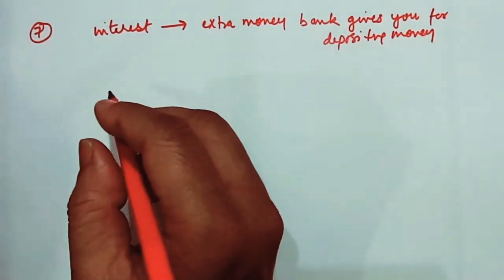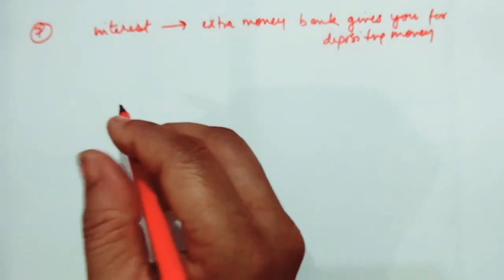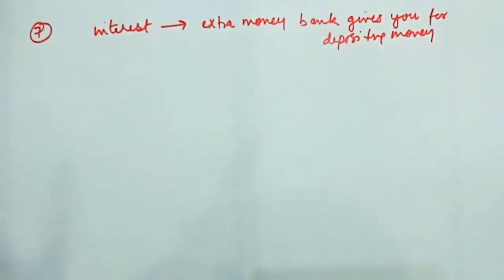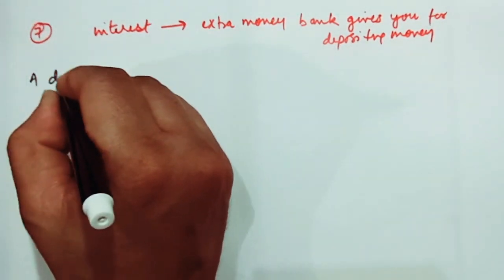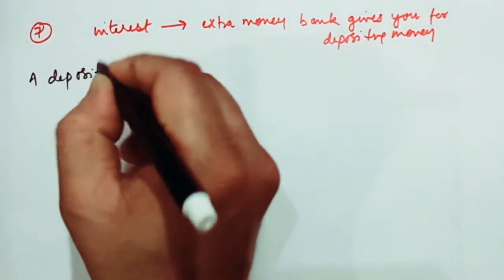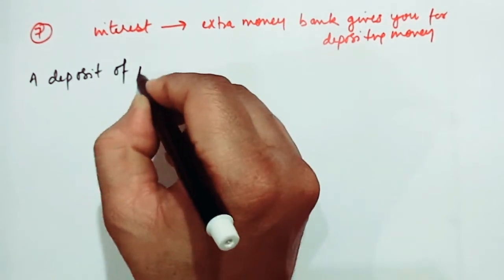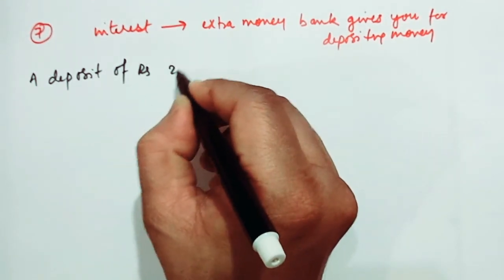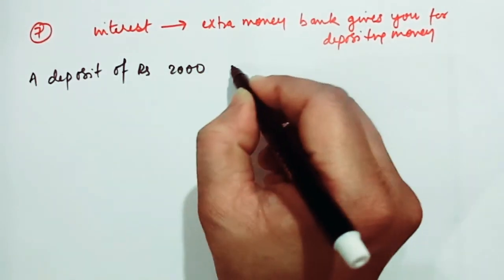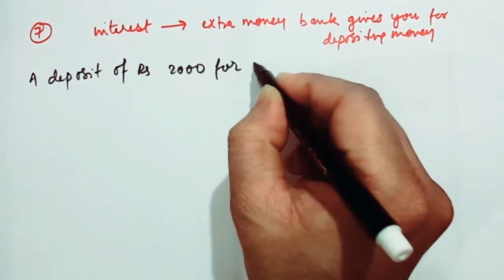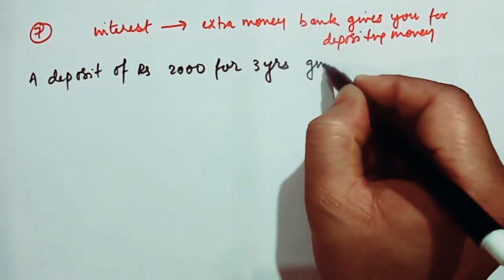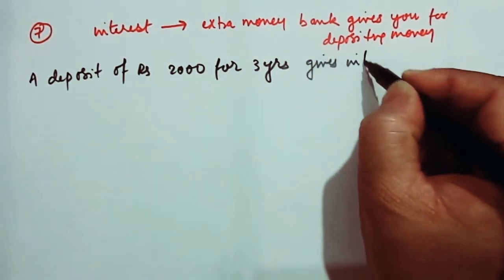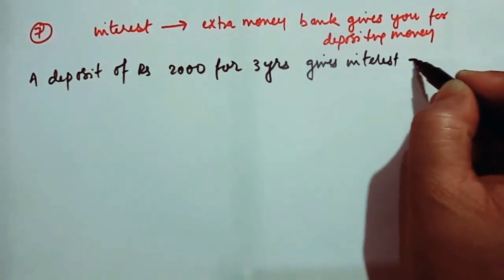Okay, come on. So here in number 7, a deposit of rupees 2000 for 3 years gives interest, how much?